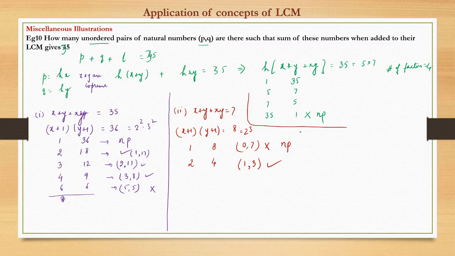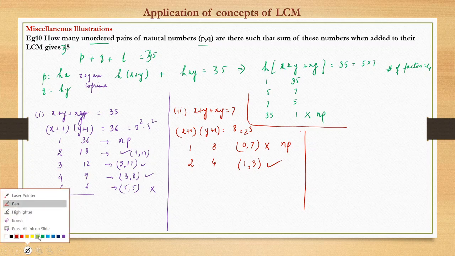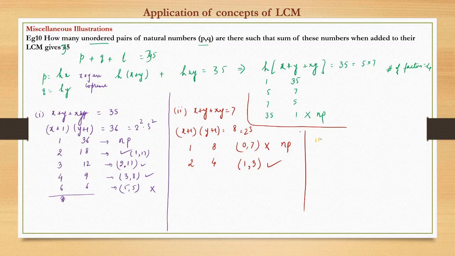Now we will see the third case. Third case, x plus y plus xy is nothing but 5. So here we can write x plus 1 into y plus 1 is, sorry, 6.